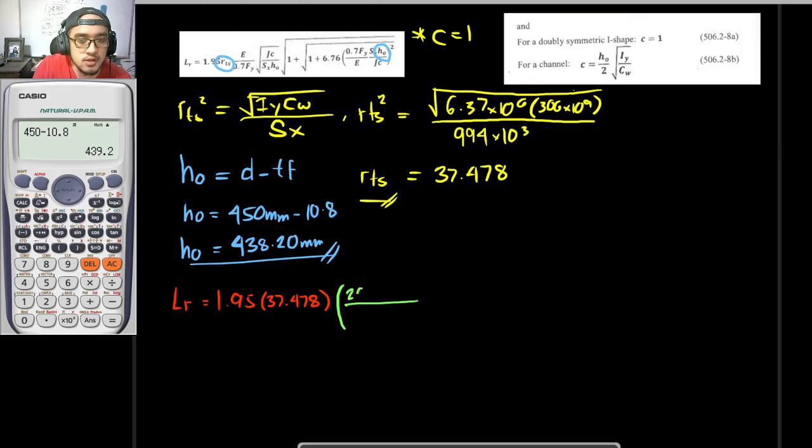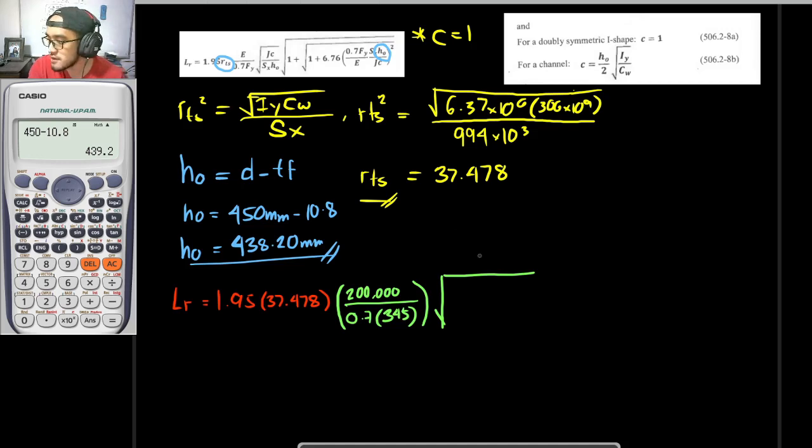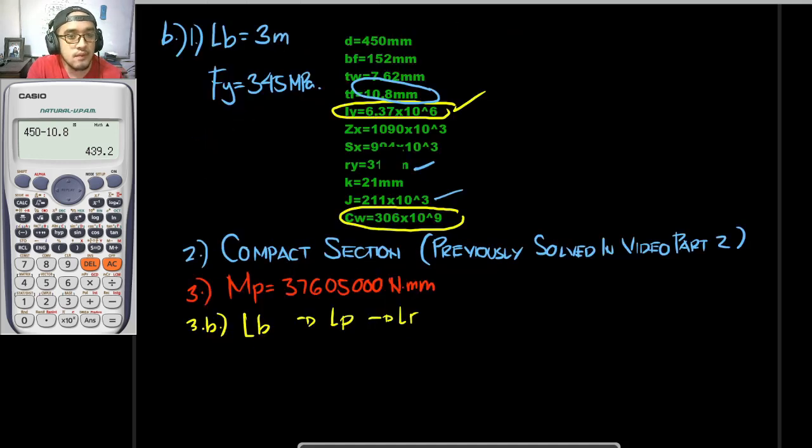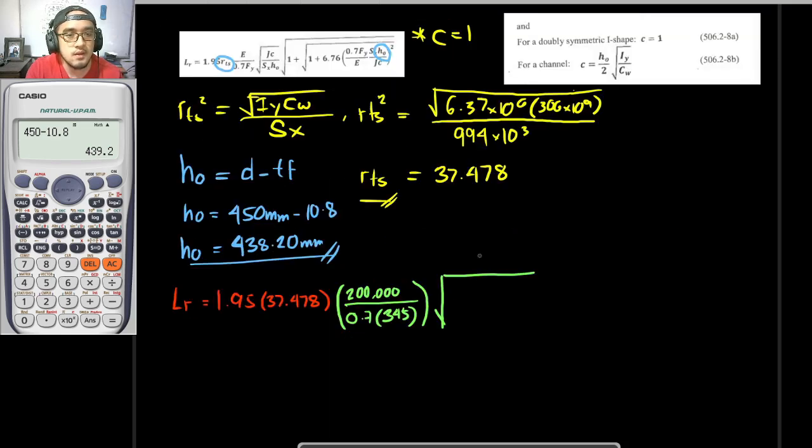So 200,000 divided by 0.7 times Fy, and our Fy would be 345, times the square root of, let's choose another color, Jc, and our value of J would be 211 times 10 raised to 3.